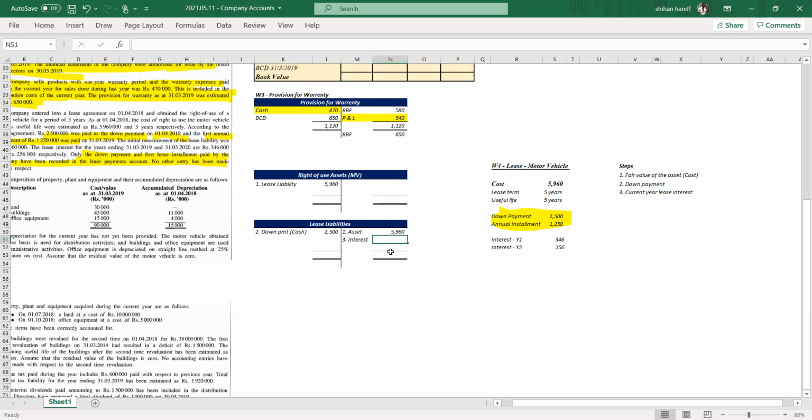That will be credited. That is also payable. Once it is incurred, we have to pay. First year interest is 346. Credit the lease liability account and debit the interest expense account.